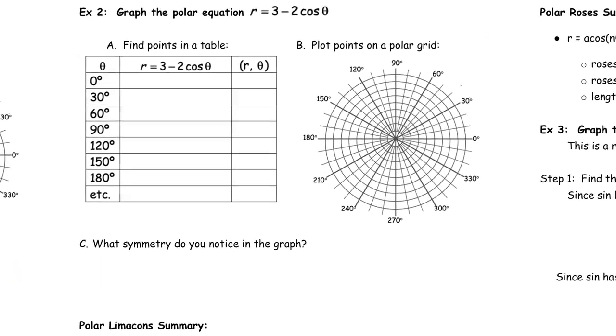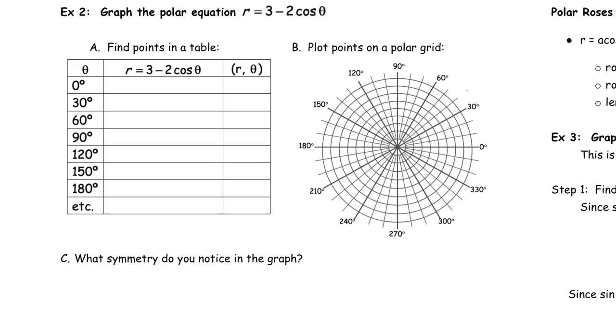Let's move on to a limacon. Is it going to have a loop or a dimple? It's going to have a dimple. How do I know? Because the A is greater. If the B is greater, ignoring signs, then it's going to be a loop.